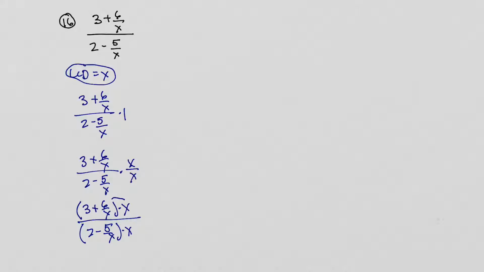And then we will use the distributive property and distribute that x all the way through. I'll do that right up here at the top. And that will give us 3x plus x times 6 over x, over 2x minus x times 5 over x.